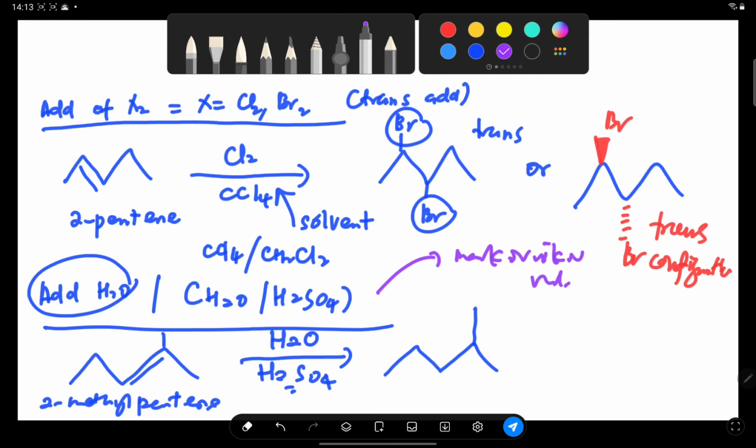Markovnikov rule. So do you still remember what Markovnikov rule states? Markovnikov rule states that in this case you have H2O, right?